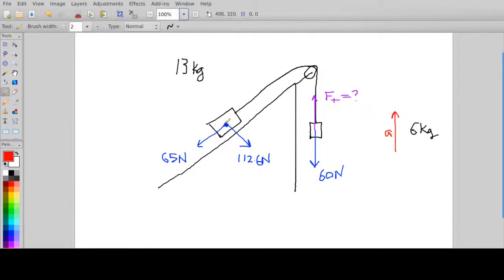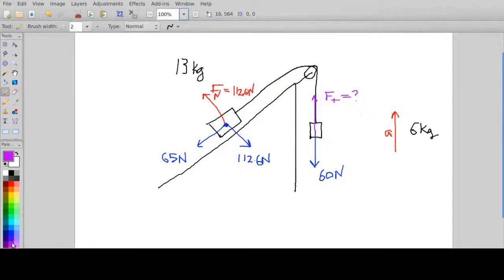Now there's the normal force, like this. And that normal force is equal to 112.6 newtons, because again, nothing changed from before. So the normal force here has to balance against the perpendicular component of gravity, and there it is.